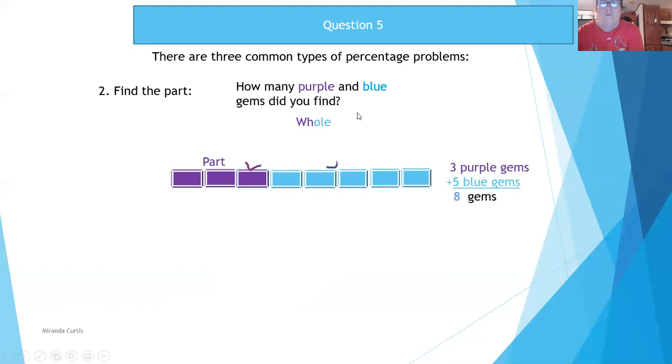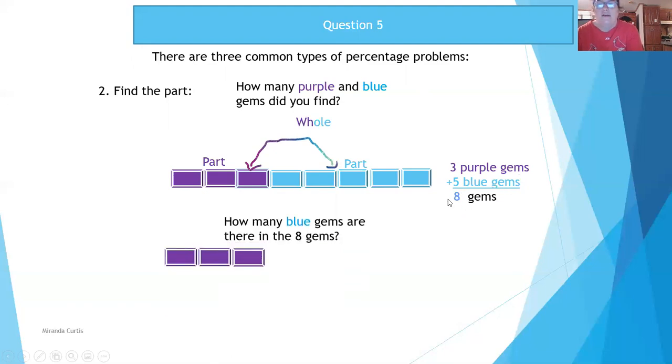Our purple gems and our blue gems represent parts, because all together they make a whole. Our purple is a part and our blue is a part. So to answer our question, we have 3 purple gems plus 5 blue gems, which are each parts, equals 8 gems, which is a whole. And that's addition.